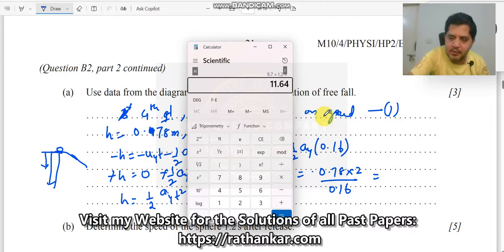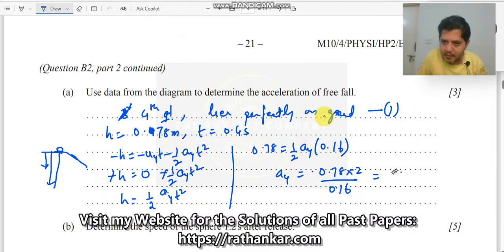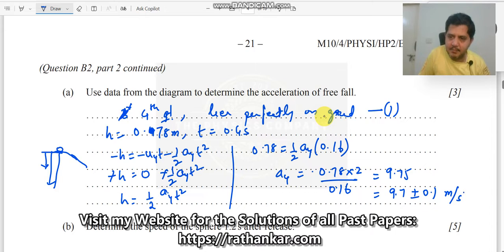I get the answer as 9.75, right? Now you see, we have only one significant digit, so I can use this as 9.7 over here. And moreover, if you want to use errors also, you have to use errors over here. So I am going to write this as 9.7 plus or minus 0.1 meters per second squared.